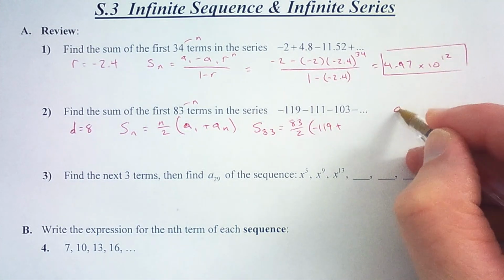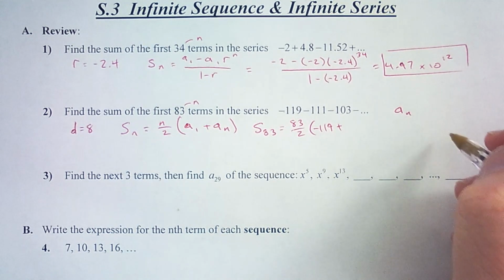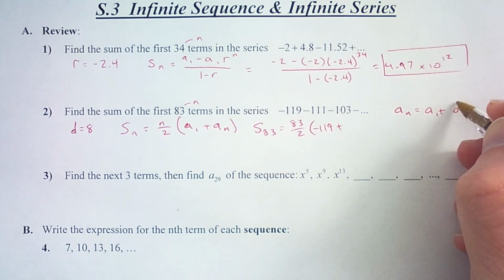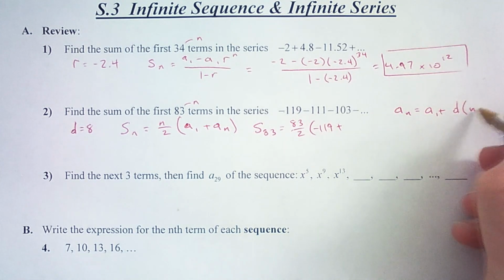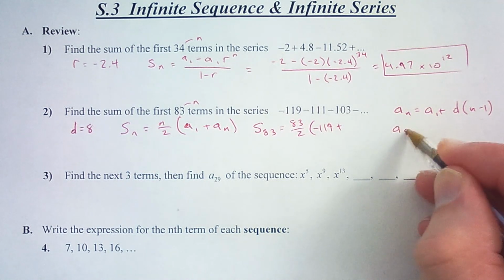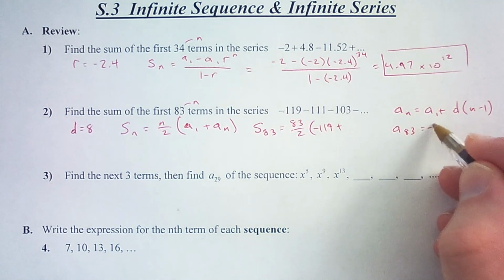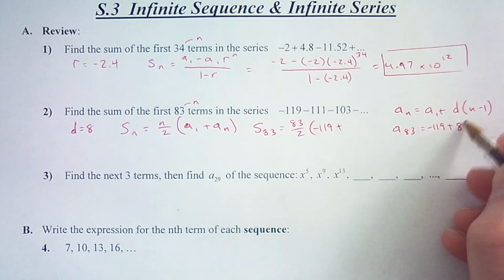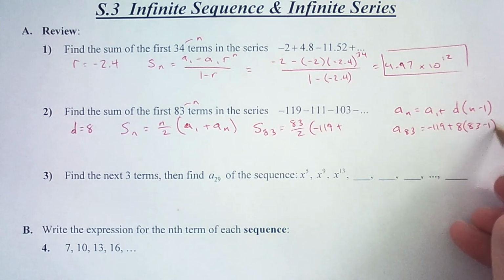So to find a particular term, we're going to do term 1 plus the common difference times n minus 1. So here we're looking for term 83, and that's negative 119 for term 1, plus a common difference of 8 times 83 minus 1.